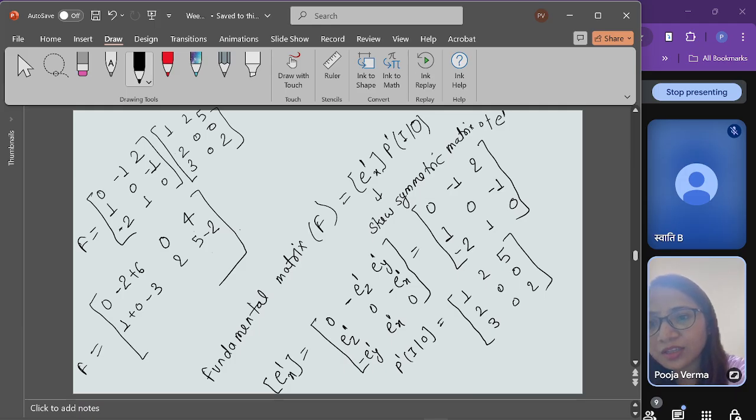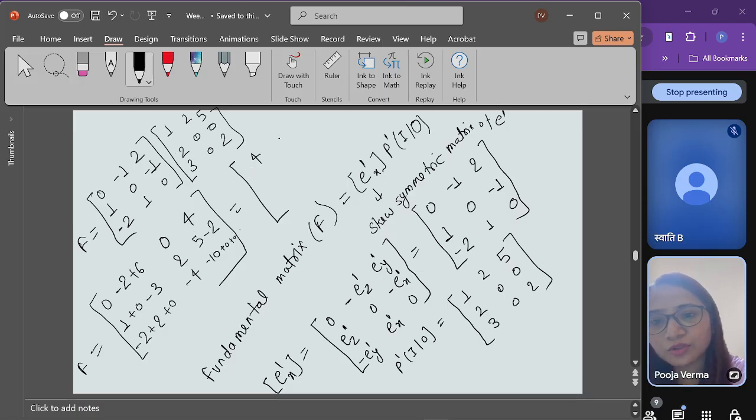For the last one, you will get minus 2 plus 2 plus 0, because 0 into 0. For the next one, we will get minus 4, and for the last, minus 10, 0 plus minus 0. So what are you getting here? Minus 4, right?